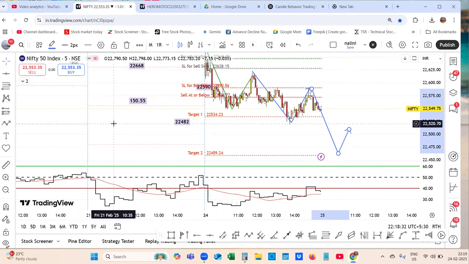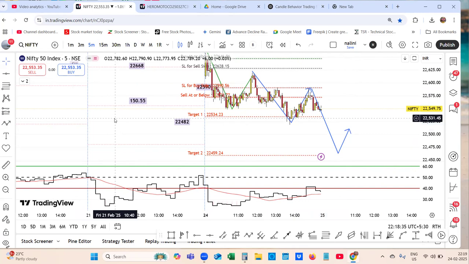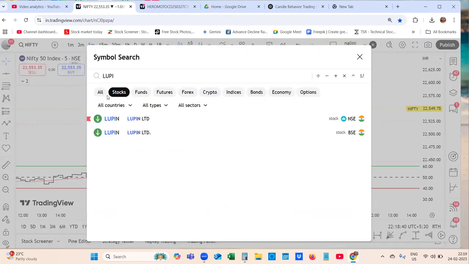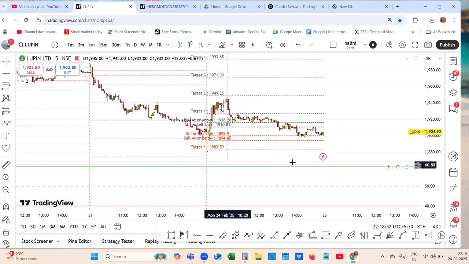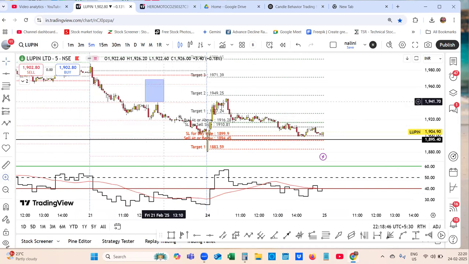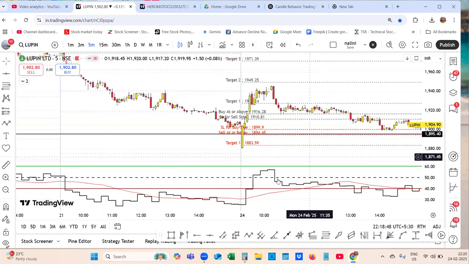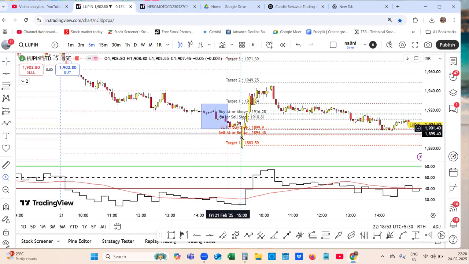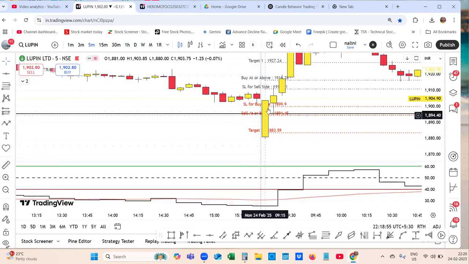So let me take another example, the Lupin stock, for your clarification. See, Lupin opened gap down here, and it started trading higher.